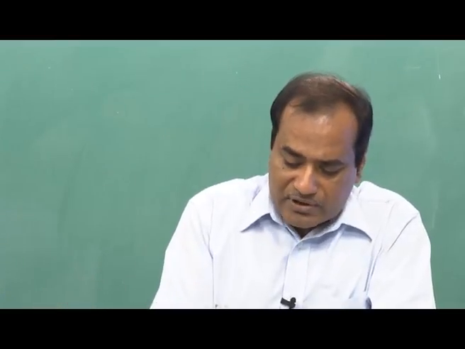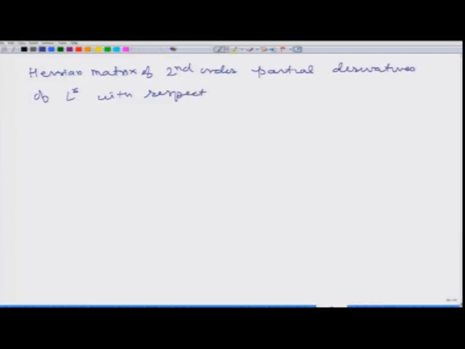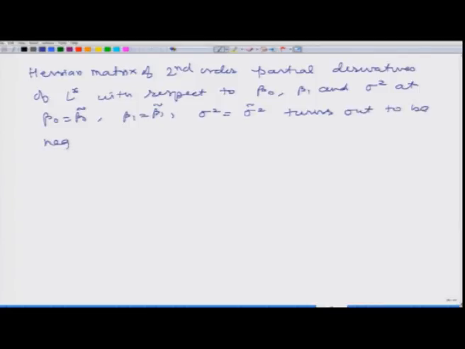So, I would say simply that the Hessian matrix of second order partial derivatives of L star, which is the log likelihood function, with respect to beta 0, beta 1 and sigma square at beta 0 equal to beta 0 tilde, beta 1 equal to beta 1 tilde and sigma square equal to sigma square tilde turns out to be negative definite.